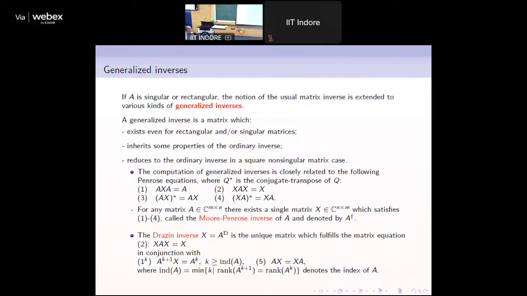All the results for weighted inverses will be more general. It was an algorithm for how to introduce another weighted generalized inverse.